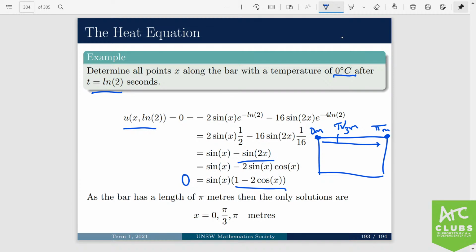It starts off initially at 0 degrees, and then after natural log of 2 seconds, it's saying that, this must be a 1D bar, at these 3 points, at this time, the temperature is still 0 degrees Celsius. So that's a physical interpretation of what it's trying to say.